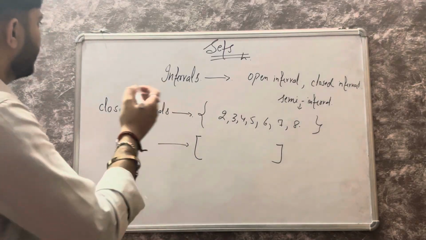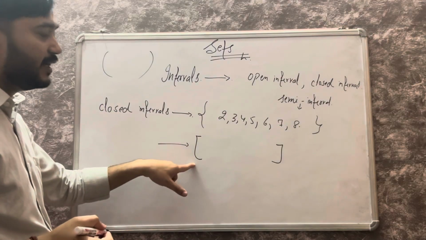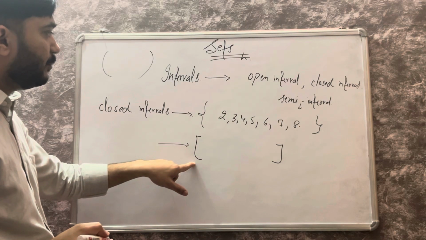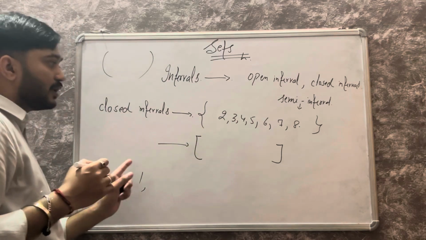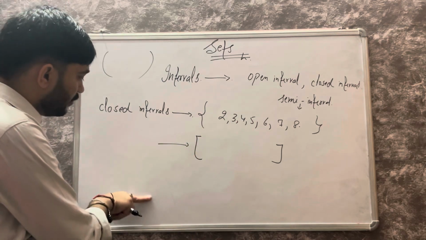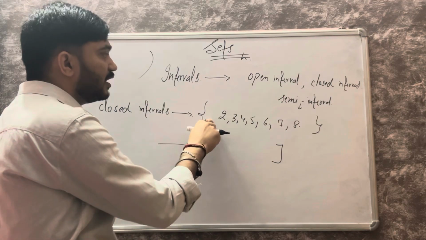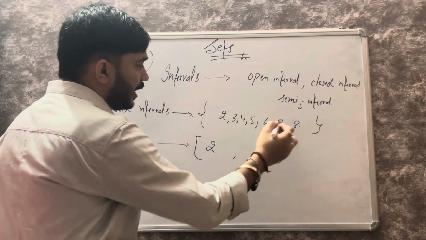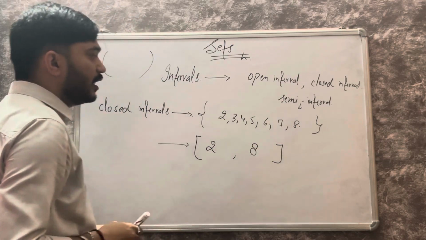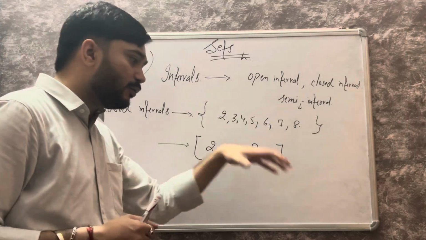Open intervals are represented in curved brackets, but closed intervals are represented in square brackets. A square bracket means that the value we are writing first is included in the set. So we cannot write 1 here, because if we write 1, it means 1 is in the set. So we write 2 here and the last value 8 here. In a closed interval, both the first and last values are included in the set.